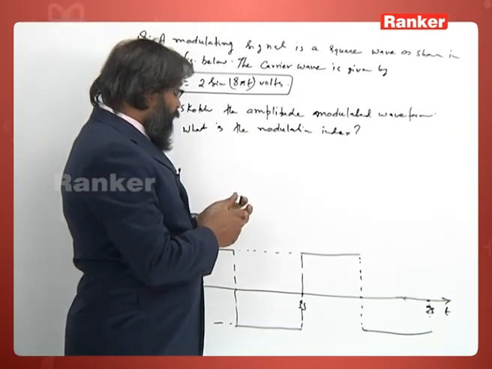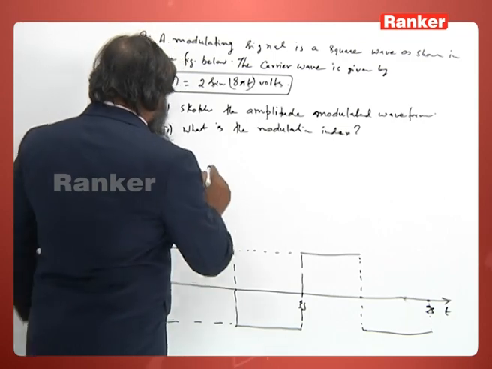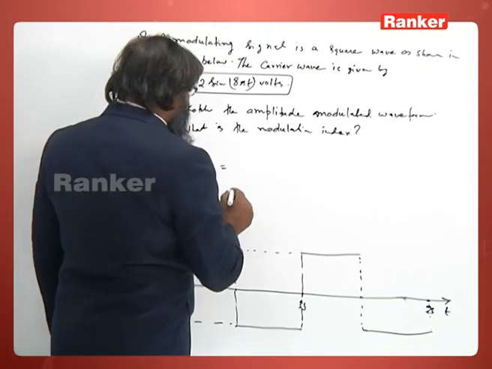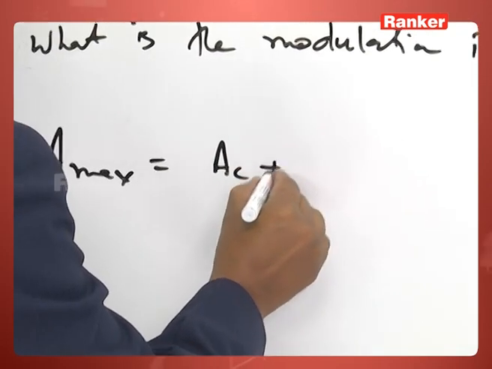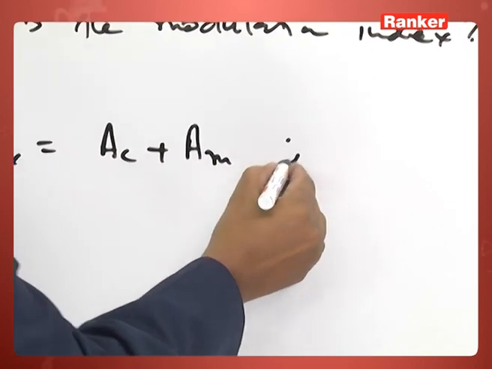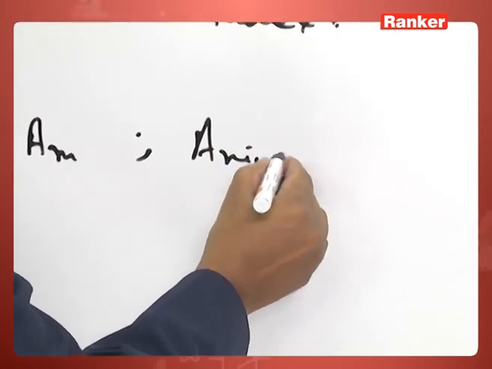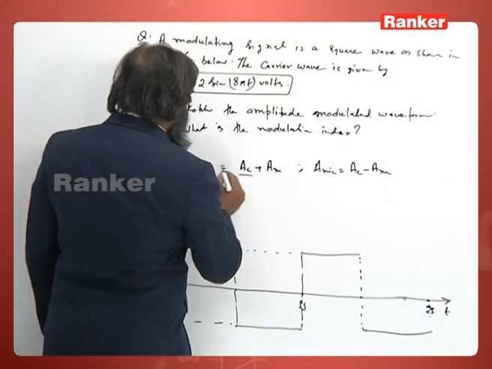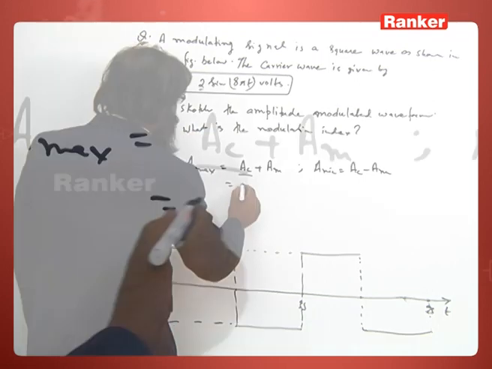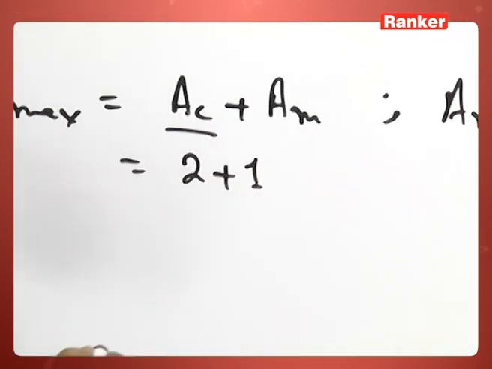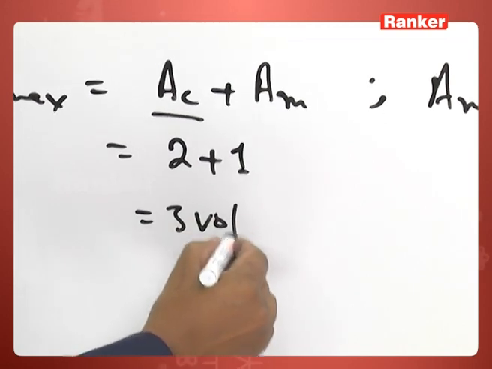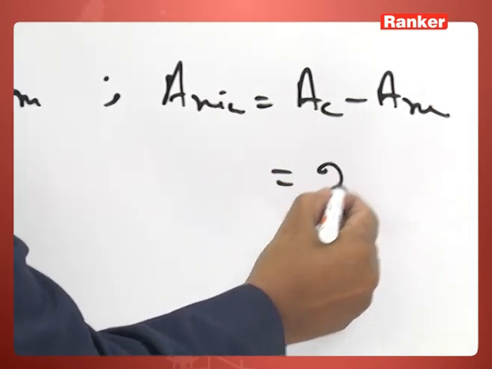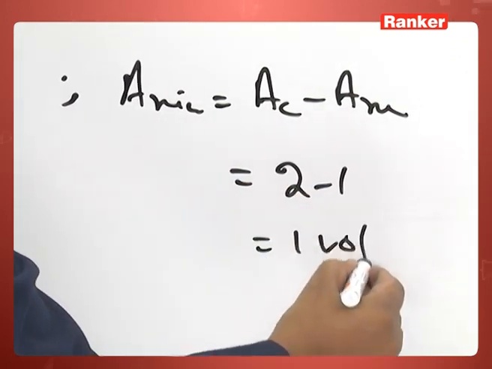So A max is actually given by AC plus AM, and A min is AC minus AM. AC is given as 2. So 2 plus the maximum signal 1 is 3 volts, and we will get A min as 2 minus 1, that is 1 volt.